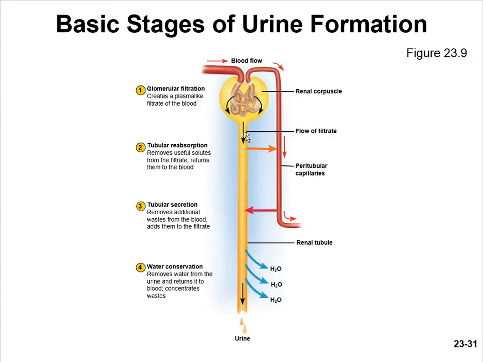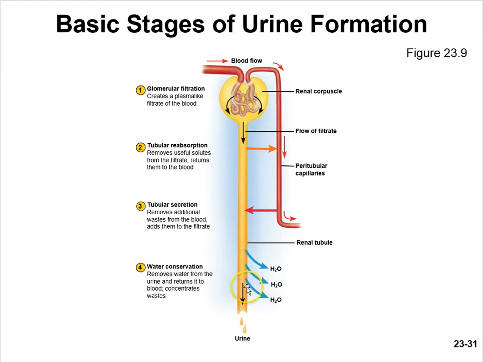Here that tubule removes useful solutes from the filtrate and then returns them to the blood. As the filtrate moves through the tubule, secretion will occur. That's using active transport. It'll remove additional waste from the blood and then add it to the filtrate.